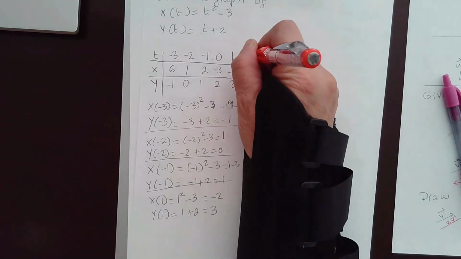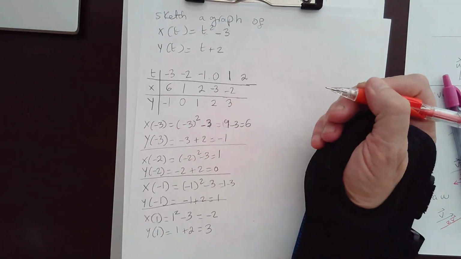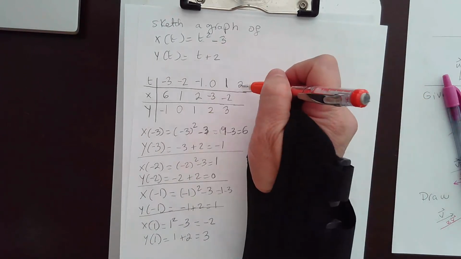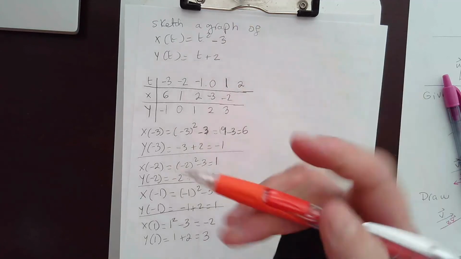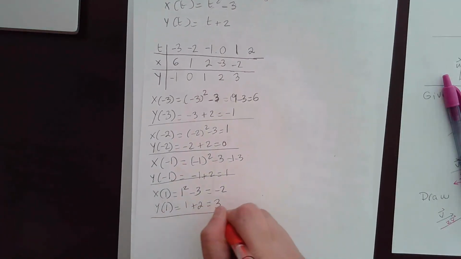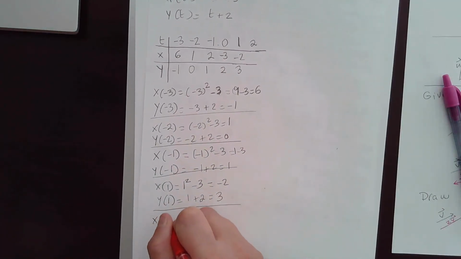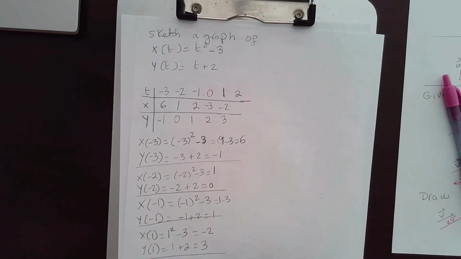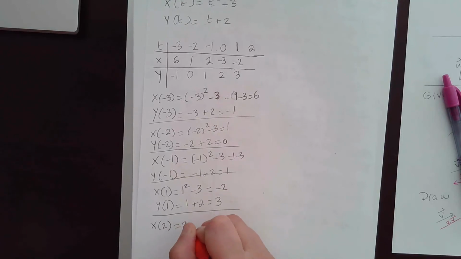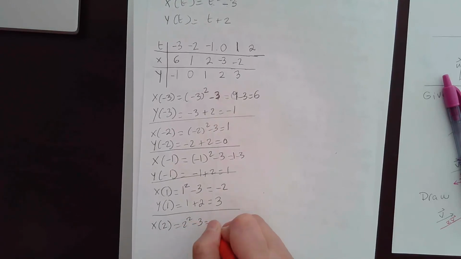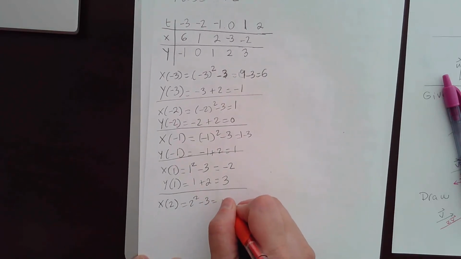Okay, we select t equal 2. Okay, plug in t equals 2. So now x is what? Remember x is t squared minus 3. So 2 squared minus 3, that's 4 minus 3, which is 1.